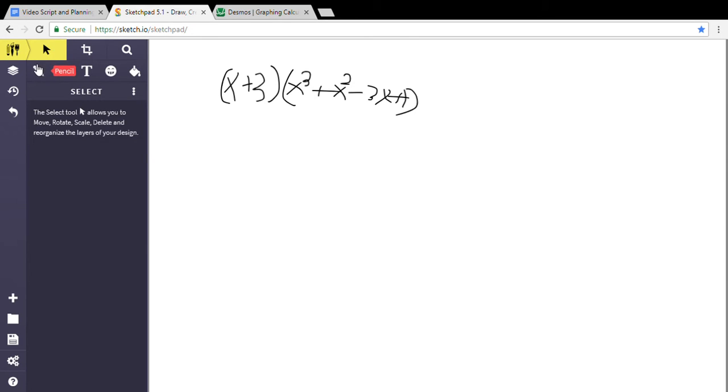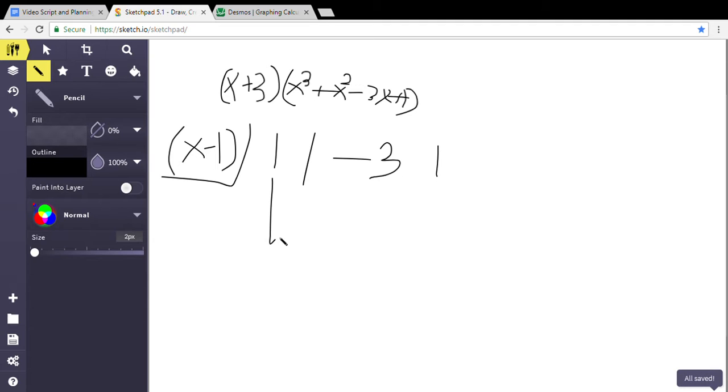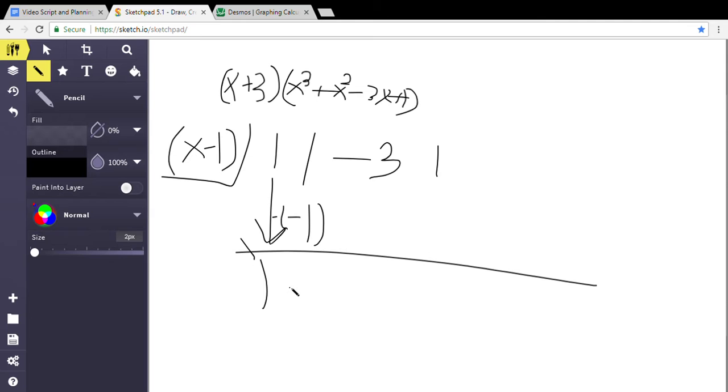So we have, again, x minus 1, because our 0 is actually 1. 1 minus 1 is 0. We bring down our coefficients, 1x cubed, 1x squared, -3x, and 1, and then we divide like before. We have our 1, -1 times 1 is -1. Subtract a -1 is really adding 1, or 1 plus 1, 2. -1 times 2 is -2.